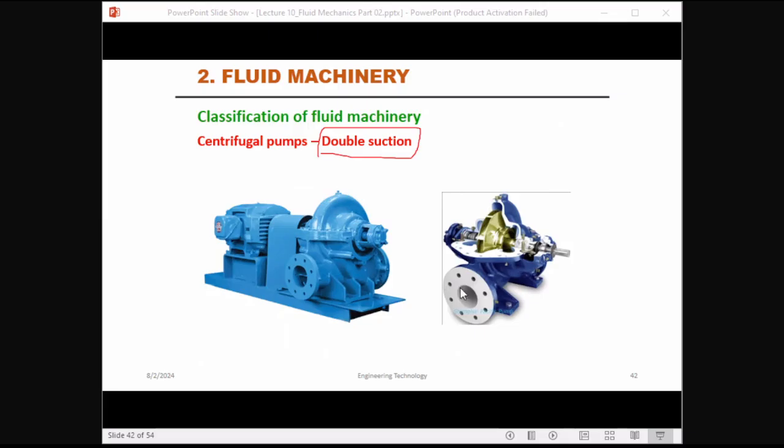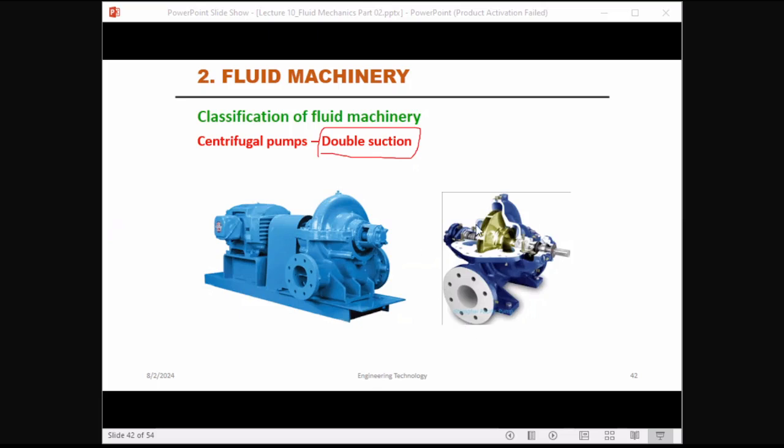This type of pump is used for power plants and you can see it in large scale industries. They use this type of pump because the flow rate is high. We can create high flow rate and also high pressure, and the efficiency is good.